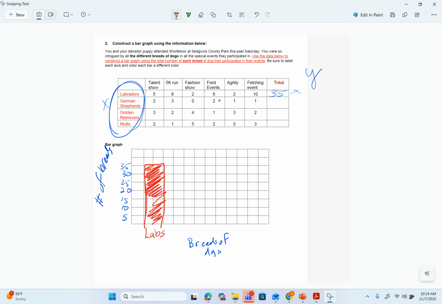Then you'll add all the German Shepherds up, and however big that is, you're going to use a different color and do your bar for the German Shepherds, and you'll do that for Golden Retrievers and Mutts. Now this is not correct, so you're going to have to calculate each of those totals.